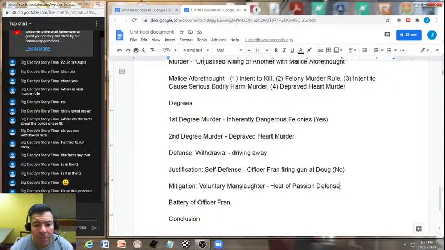I think what he might be trying to say is that the heat of the situation represented a mitigating factor, which is the provocation. But he wouldn't be reasonably provoked because a reasonable person would not have been involved in that criminality in the first place. So this defense is a no-win for Doug.